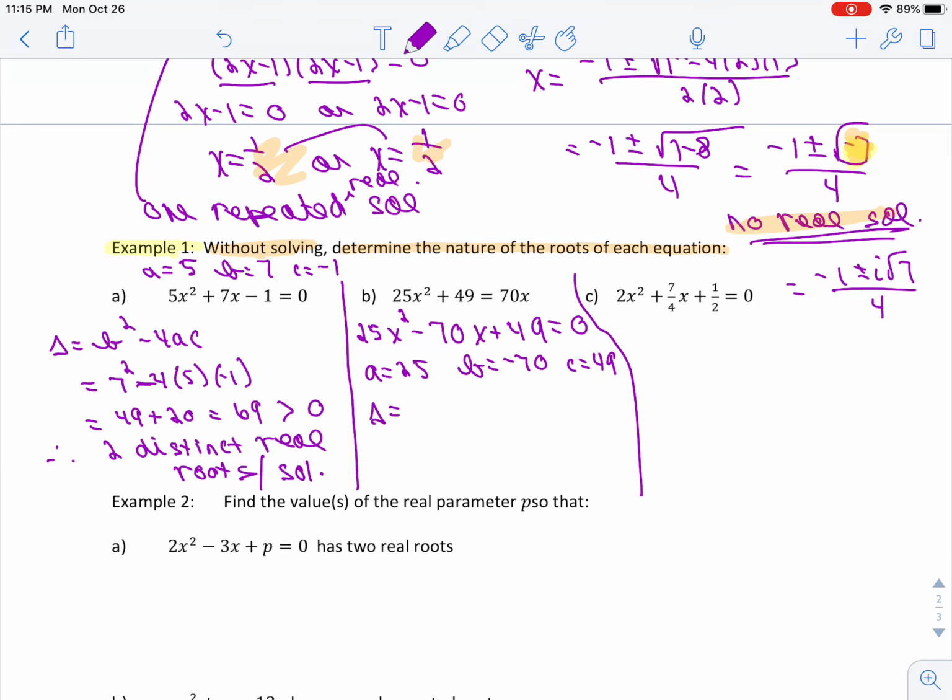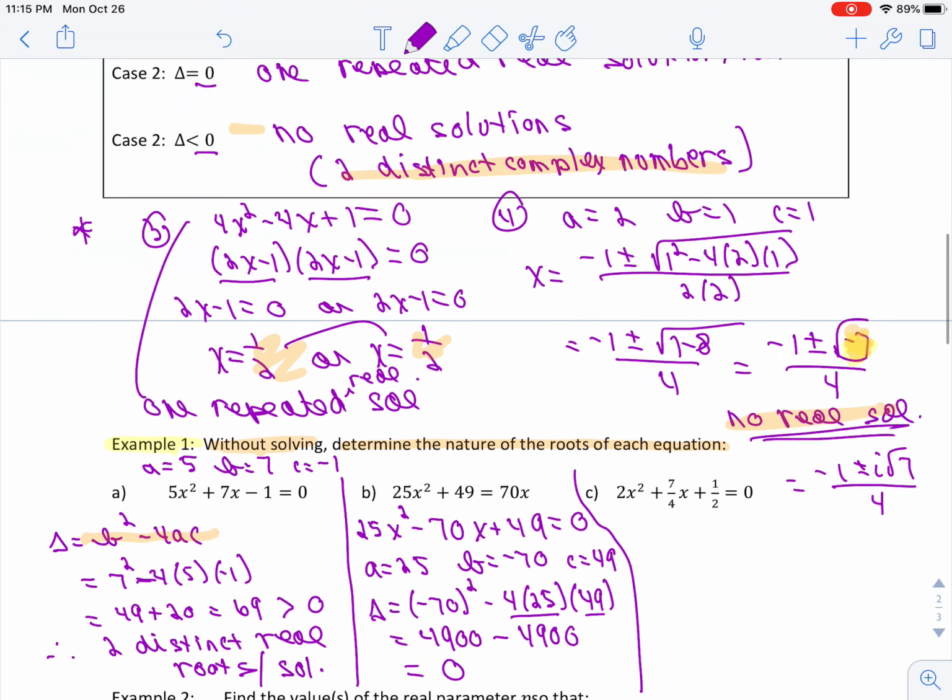And so the discriminant, which again is, we can see up here, b squared minus 4ac. So first we want b squared, so that's -70 squared, minus 4 times a, which is 25, times c, which is 49. So this turns out to be 4,900 minus, and then this is 100 times 49, so that's also 4,900. So this problem looked terrible with those big numbers, but it turns out to be 0.